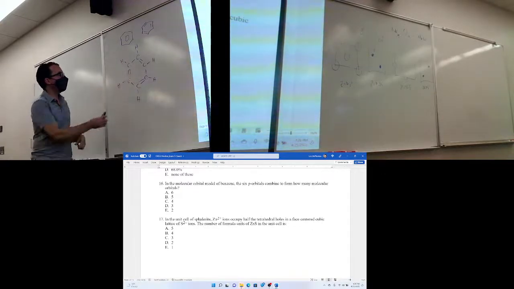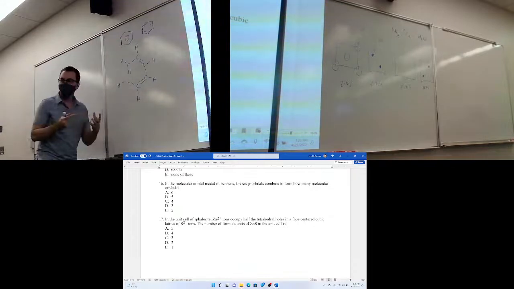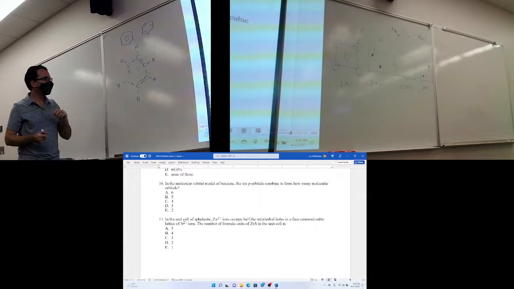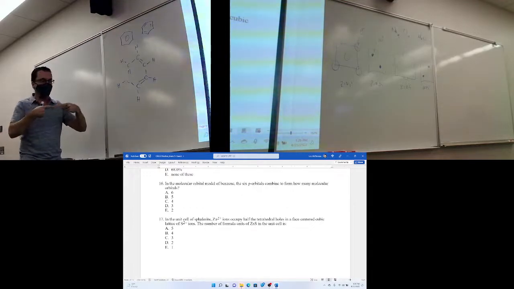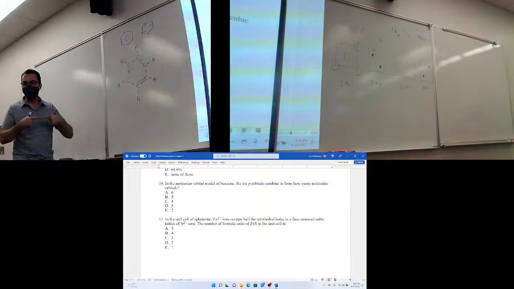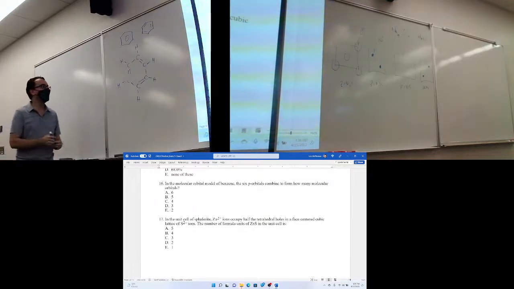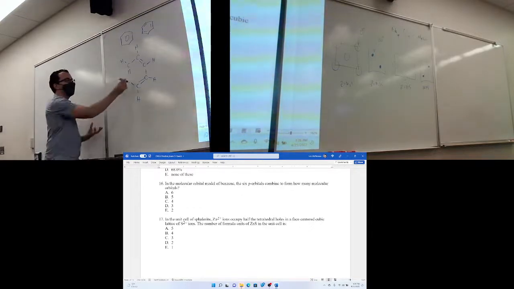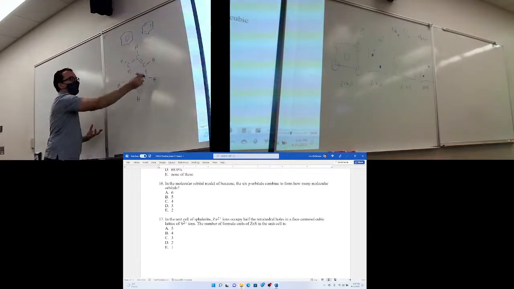And the idea is you've got sigma bonds between the carbons and the hydrogens. These are orbitals that are pointing directly at the other atoms. They overlap, and those make localized bonds. But each carbon is sp2 hybridized, so it has one p orbital left over that's pointing in and out of the board.